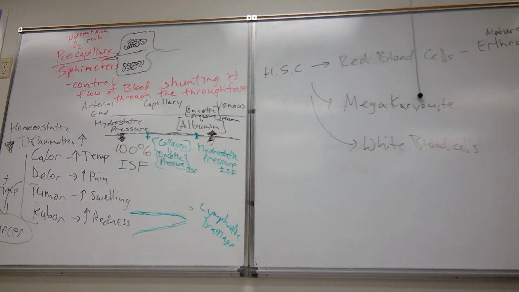And hemoglobin is nothing more than 2 alpha polypeptide chains with 2 beta. That's a beta, this is alpha, polypeptide chains. So 2 beta, 2 alpha polypeptide chains. They look like this on the outside.